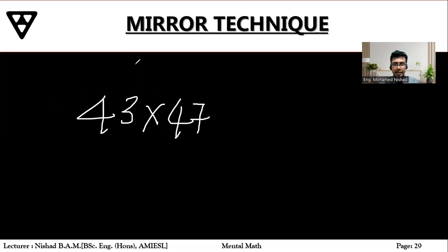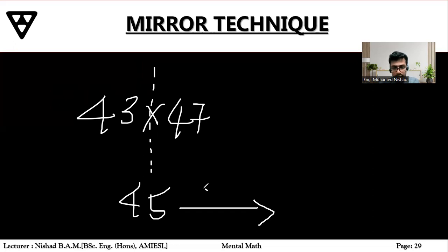Let me explain. As you can see, they are mirror to 45, right? But in today's session, we just saw how we are going to square a number that is ending with 5. We saw that earlier.